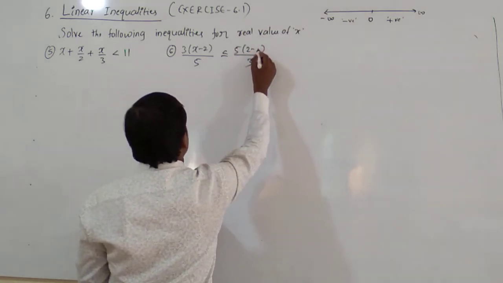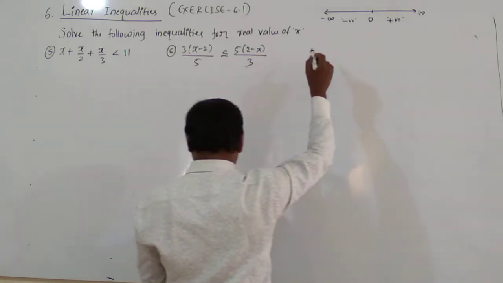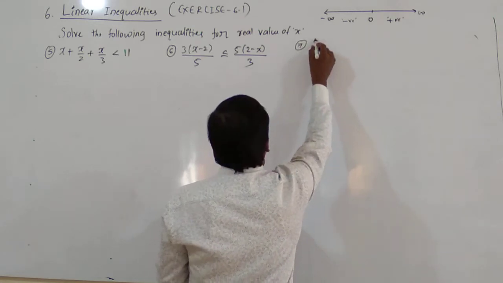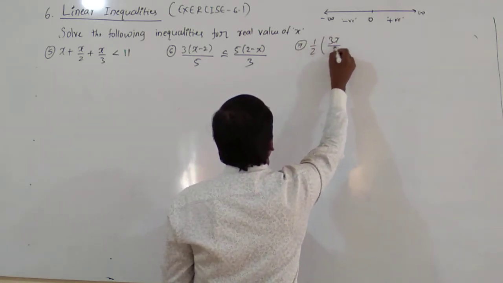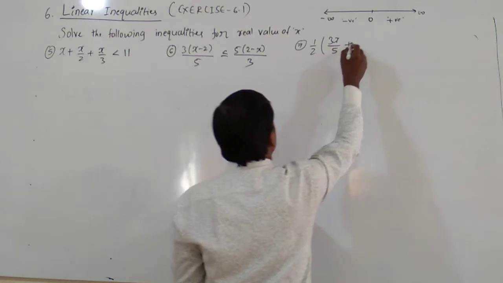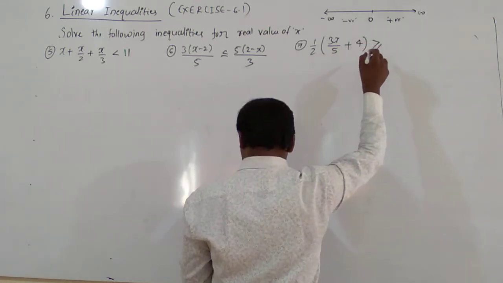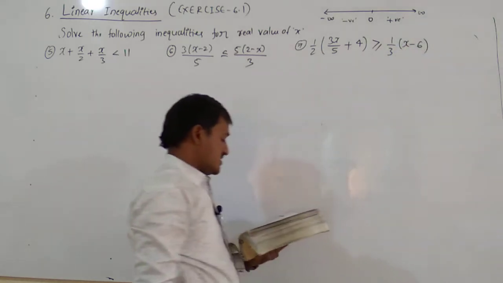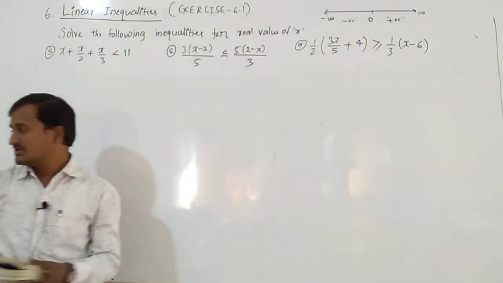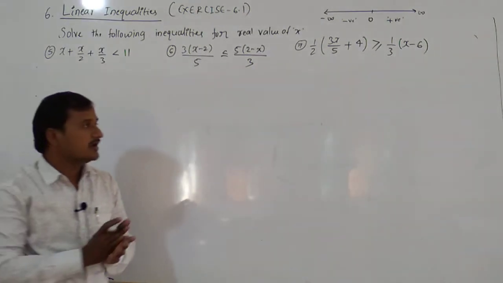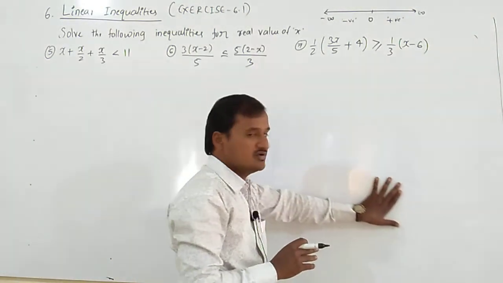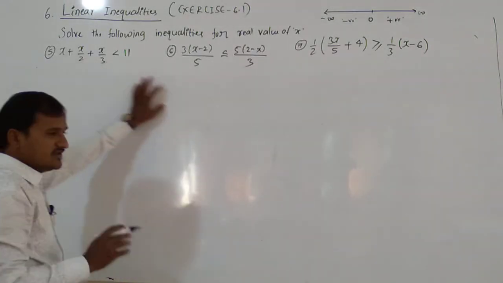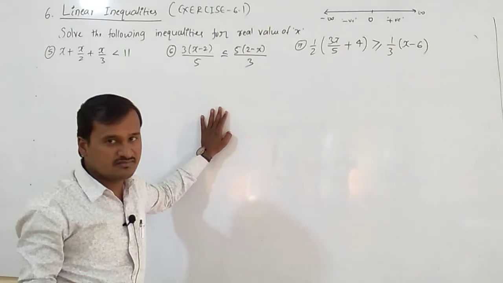Next, seventh one, that is 1 by 2 into 3x by 5 plus 4 which is more than or equal to 1 by 3 into x minus 6. Some of the problems I will give as homework, and I will solve some of the problems here. Again here, solving the inequality is the same as solving the equation.